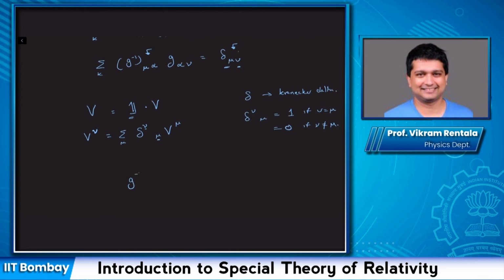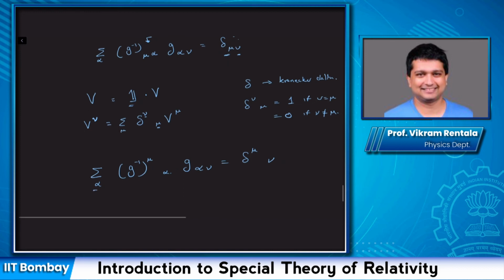So we would have G inverse mu alpha G alpha nu is delta mu nu. There's a summation over not k, but we replaced k by alpha. And now if we want to drop this implicit summation, we should actually raise the index alpha.